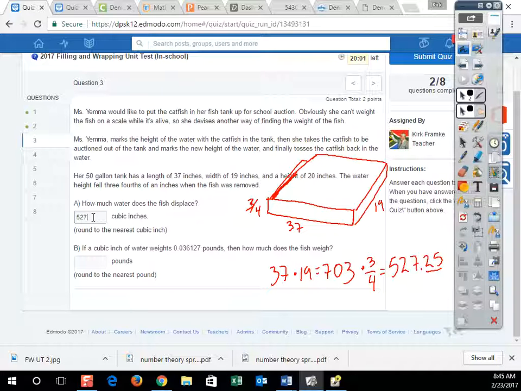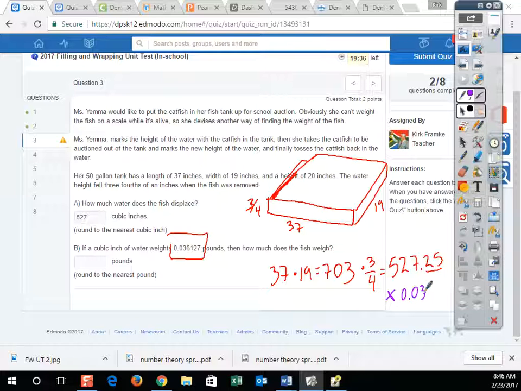Questions so far? Okay. So then the next step, it asks you if a cubic inch of water weighs this amount of pounds, then how much does the fish weigh? Round your answer to the nearest pound. So that means I'm going to multiply this wonderful number by 127, and I get an answer of just over 19 pounds.